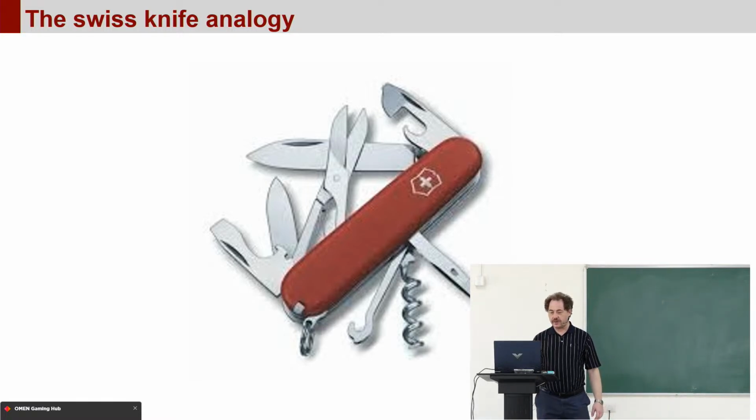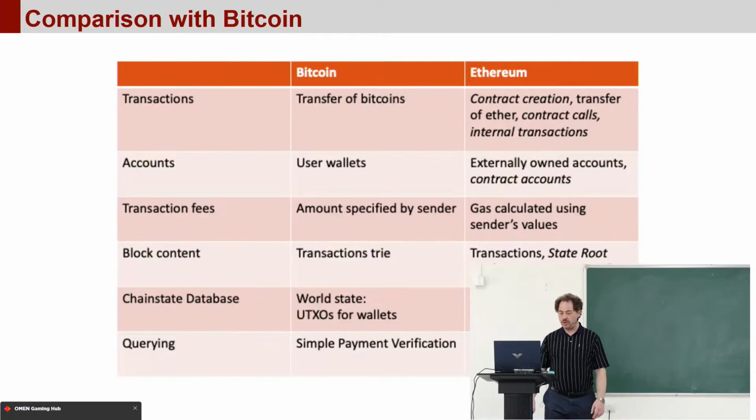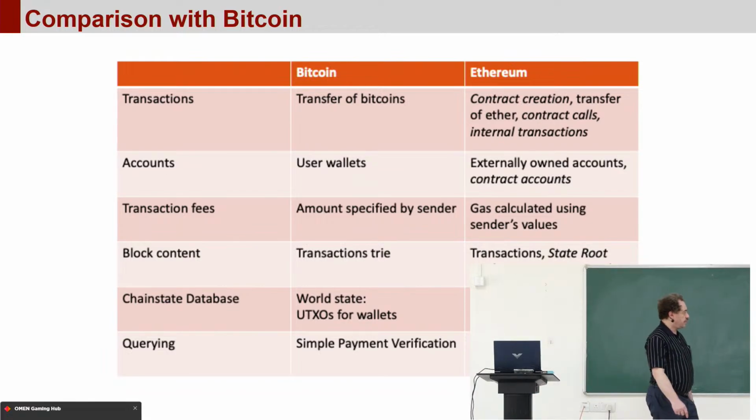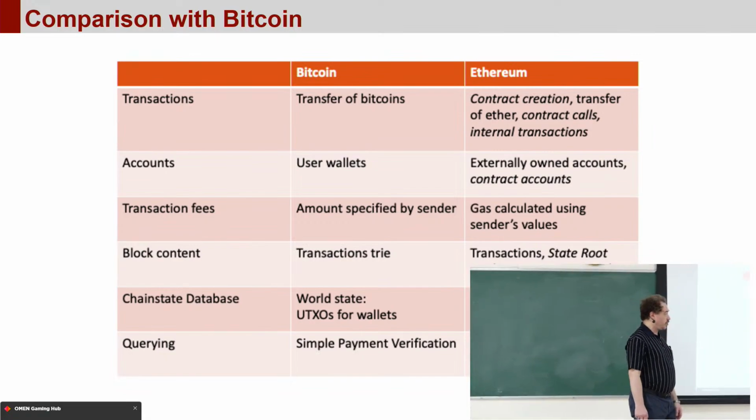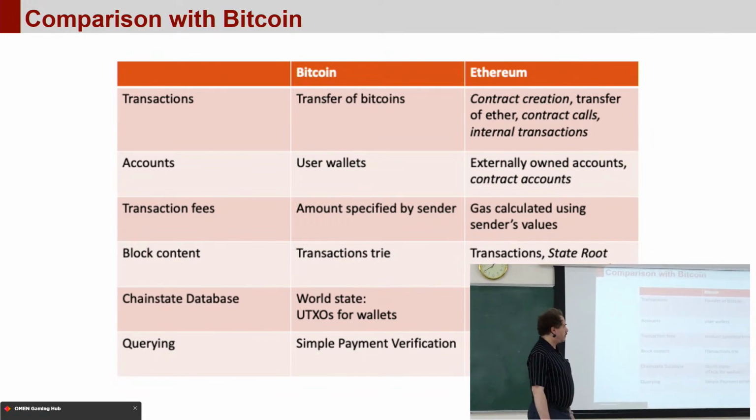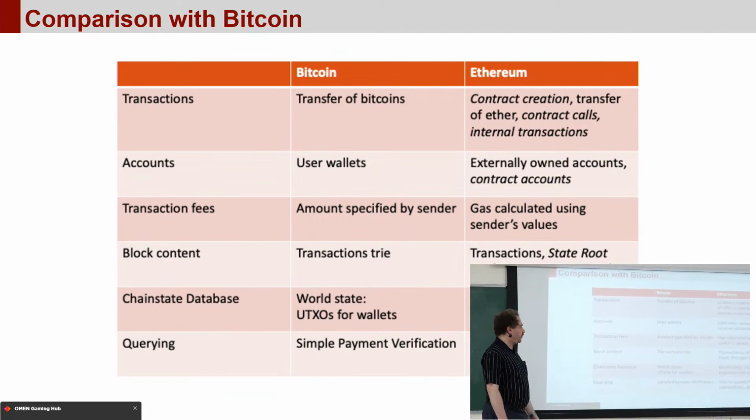So let's compare Bitcoin with Ethereum. What are transactions in Bitcoin? It's just a transfer of Bitcoins. A transaction in Ethereum is more complicated. In addition to transfer of Ether, we have the creation of smart contracts.